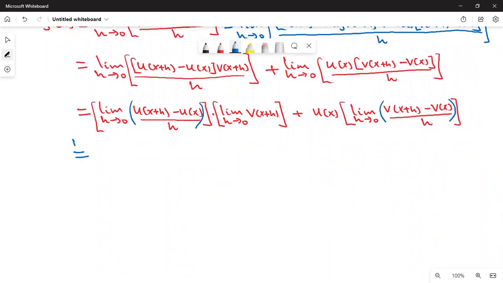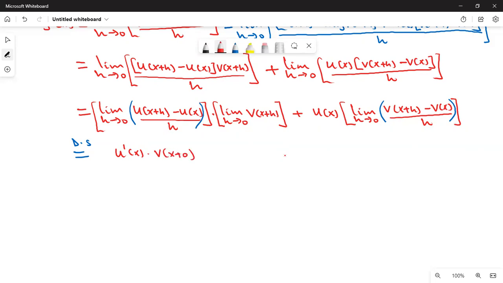So when we use direct substitution, look at the first bracket. From the definition of derivatives, that's the same as u prime of x. Thus, u prime of x is written as, from the first principle, the limit as h approaches 0 of u of x plus h minus u of x, everything over h. What about here? It is times v of x plus 0, direct substitution.